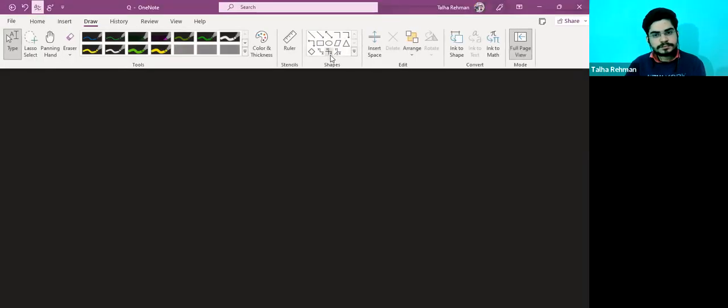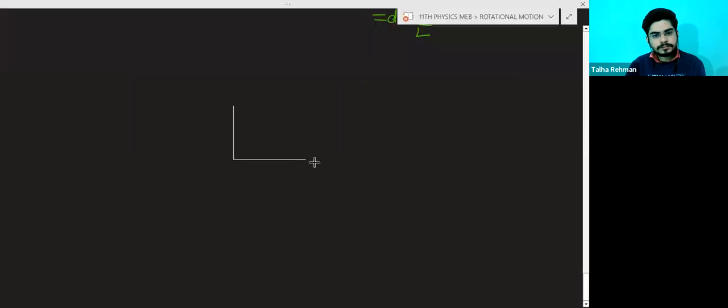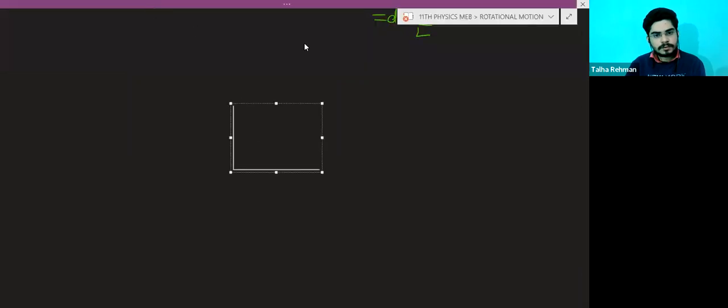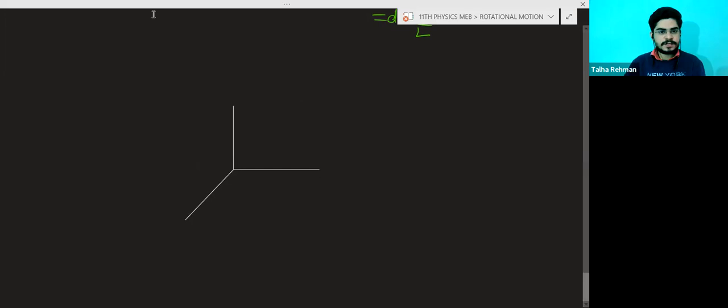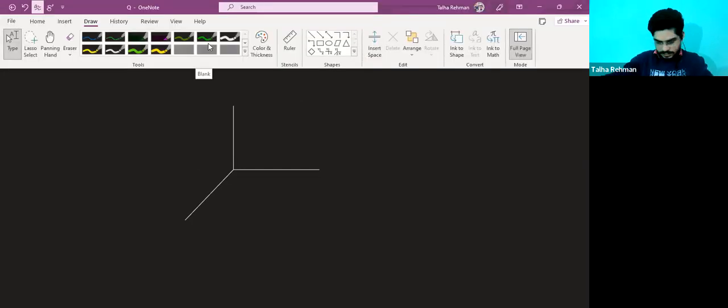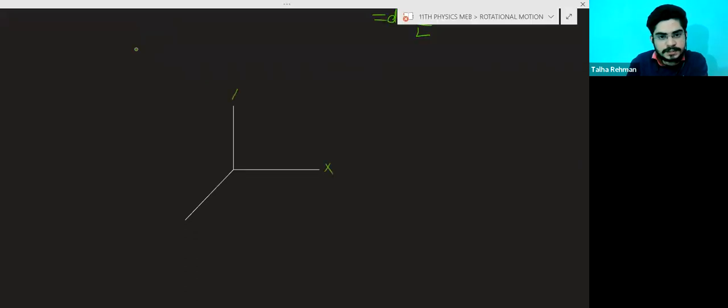So if you are taking three axes, the ring is in this plane. This is the x-axis. This is the y-axis, and this is the z-axis.